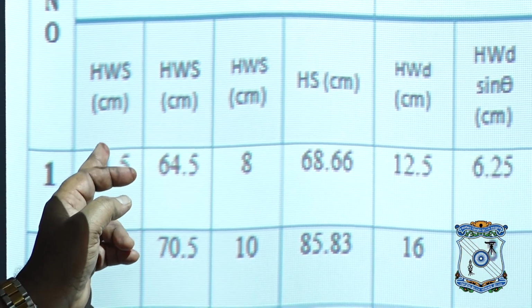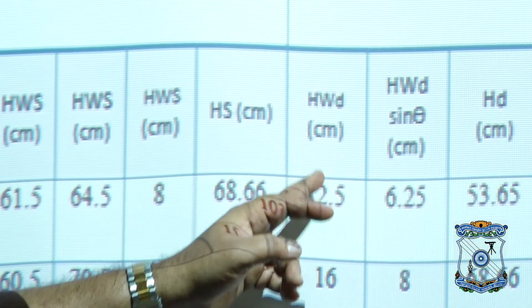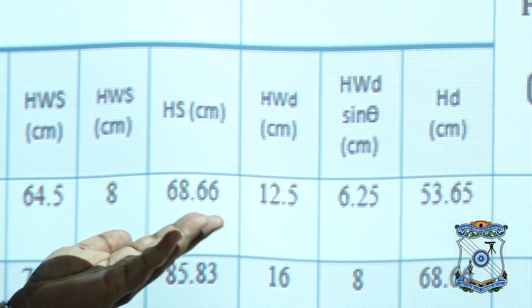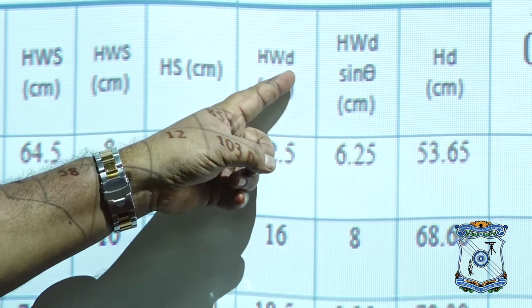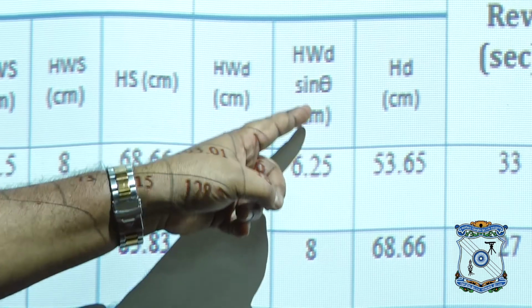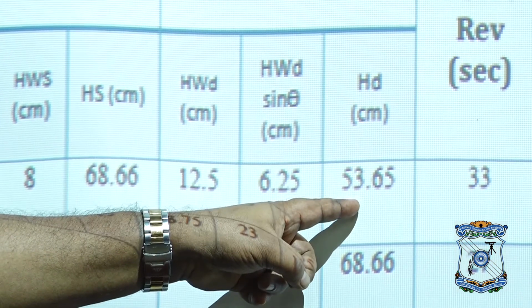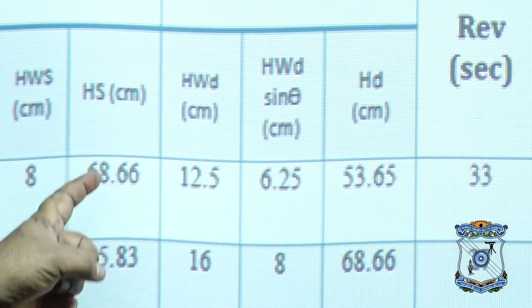And now the delivery head. We know that the manometer is inclined at 30 degrees. So HWD is found out, and HWD sin theta is found out. Then using the formula we have found out this HS and the HD.